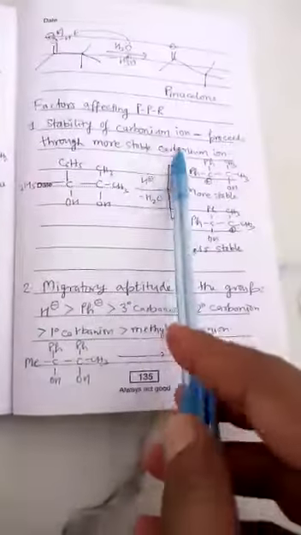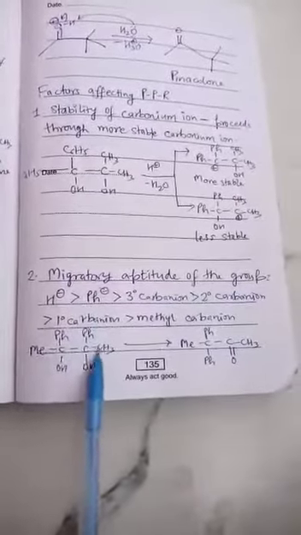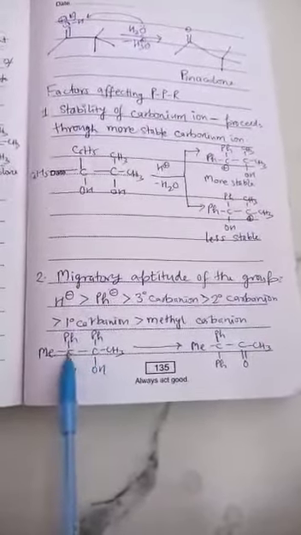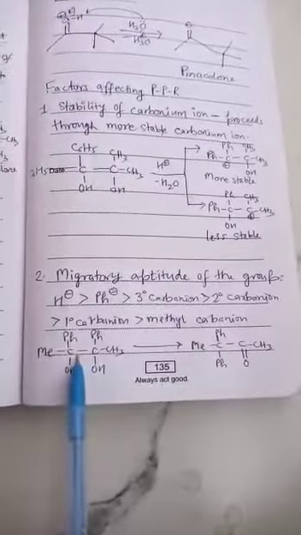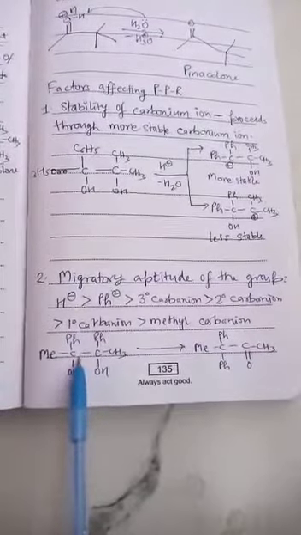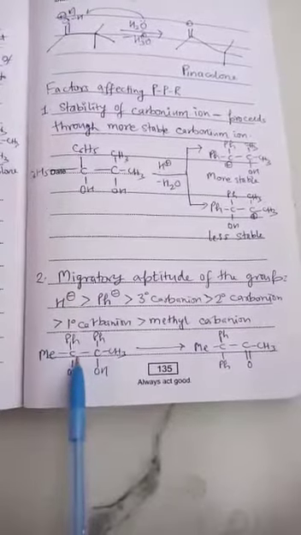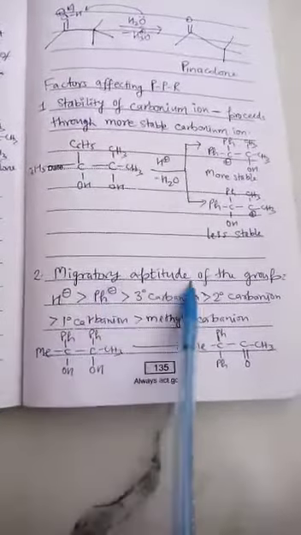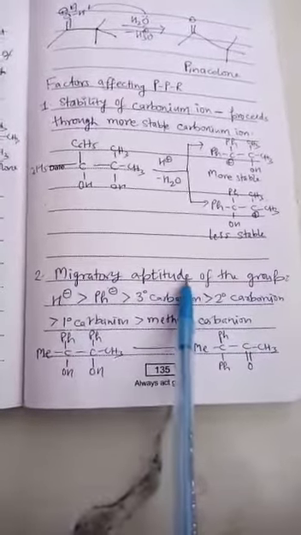Now another factor affecting Pinacol-Pinacolone rearrangement is migratory aptitude of the group. Suppose the two carbons adjacent on which OH groups are attached are equivalent. In that case, the second step predominates, where migratory aptitude of the group decides the final product.